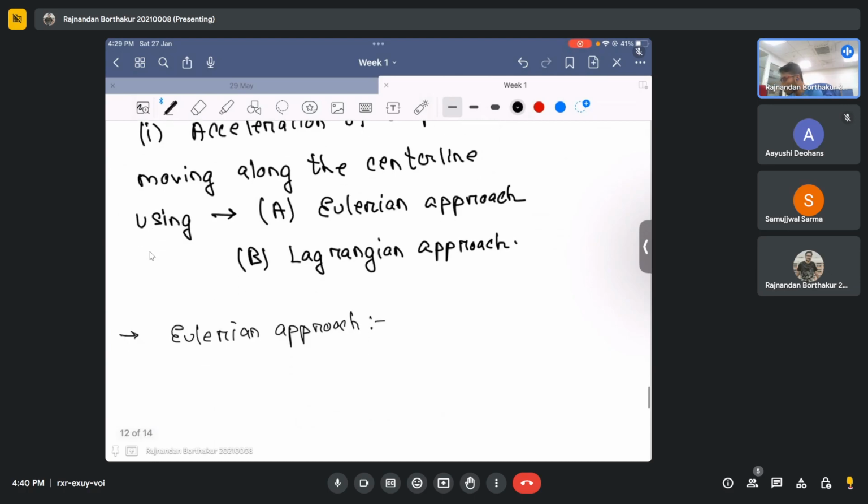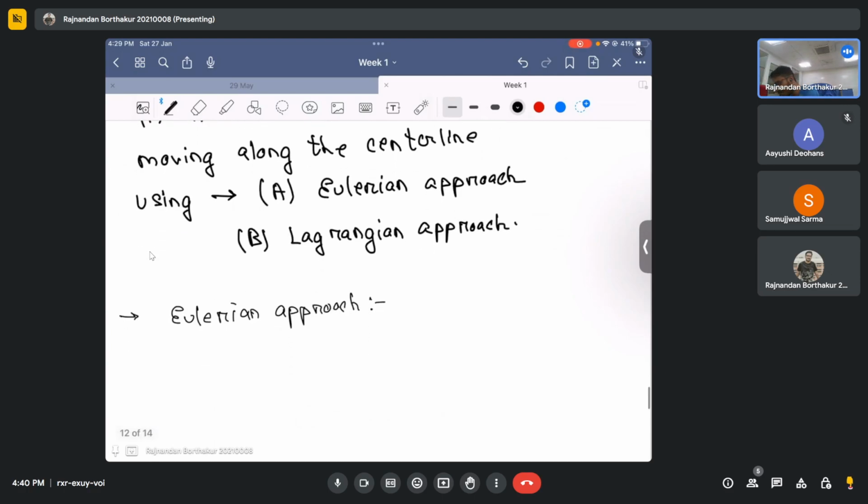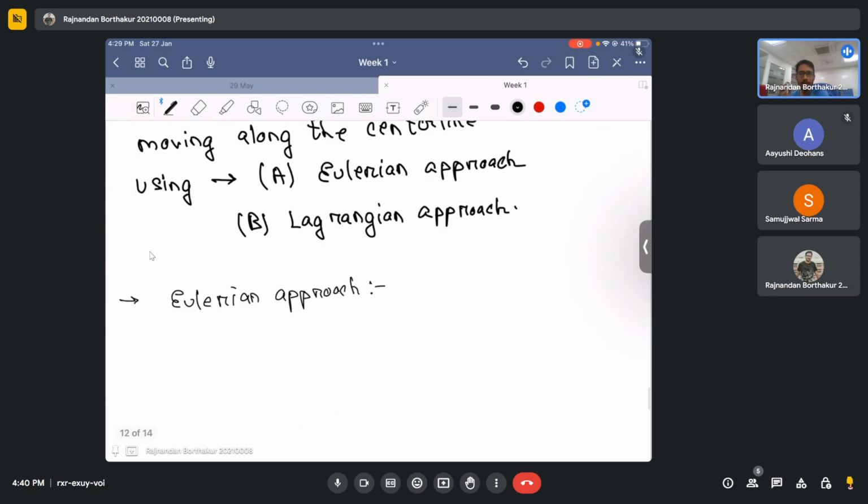So in the Eulerian approach, we'll first write down how the acceleration looks. As you can see, in the Eulerian approach, the acceleration is written as the temporal change of velocity plus v dot grad u.